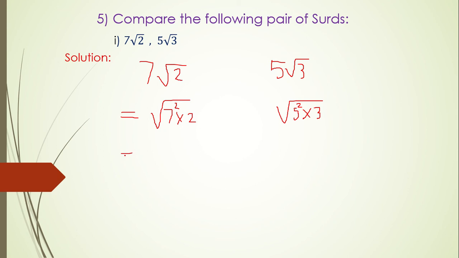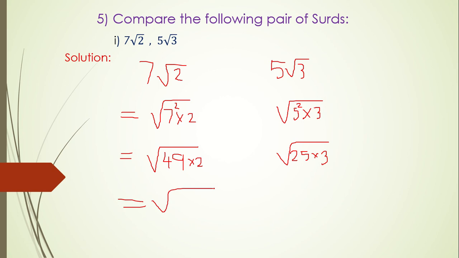So that's equals to 49 into 2. And this will be equals to 25 into 3. Okay. Now this will be equals to root 98 and this will be equals to root 75.